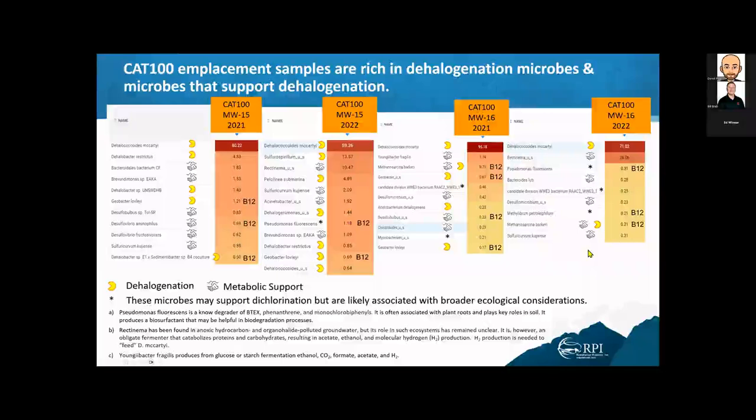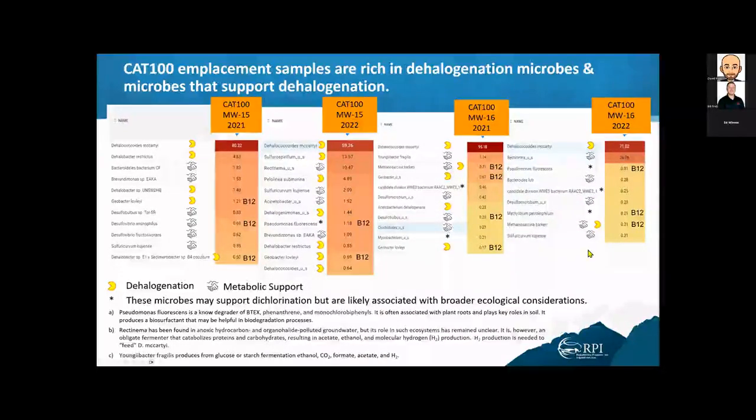Move to the next year at monitoring well 15, and you're at roughly 60% Dehalococcoides mccartyi, and you've kind of spread out the number of dehalogenating bacteria you have. Monitoring well 16 is similar, with Dehalococcoides mccartyi at 95% of the population. It's almost unbelievable.